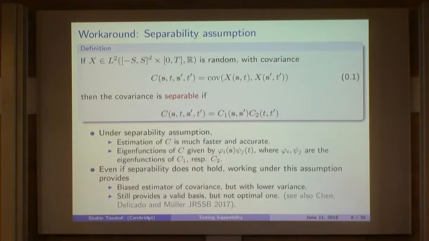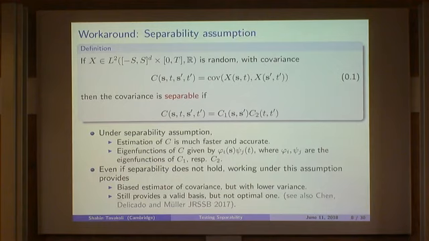So that's a function of 4 variables. And you say that the covariance is separable if this function of 4 variables can be written as a product of a covariance function that depends only on the space variables times a covariance that depends only on the time variables.